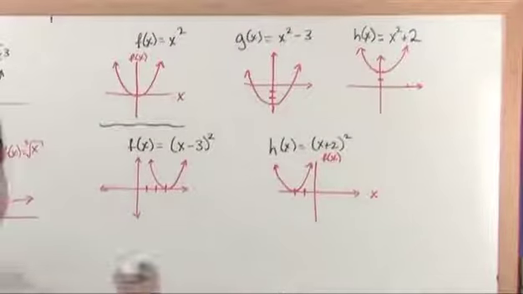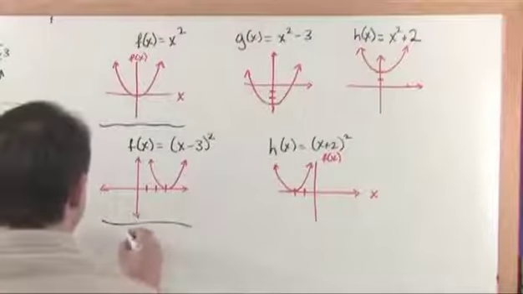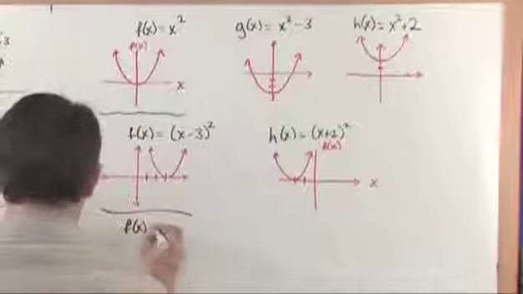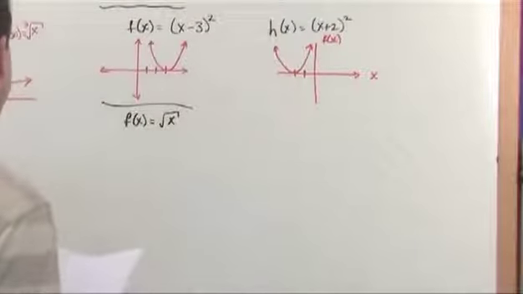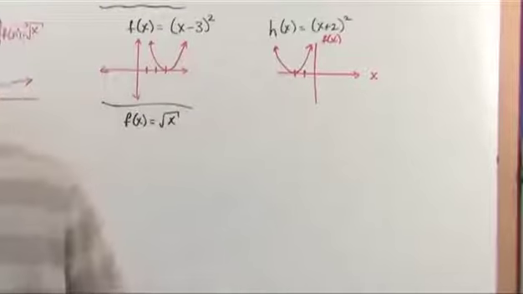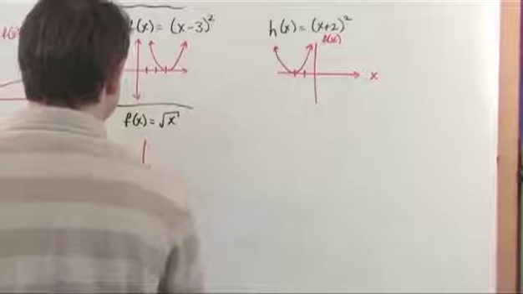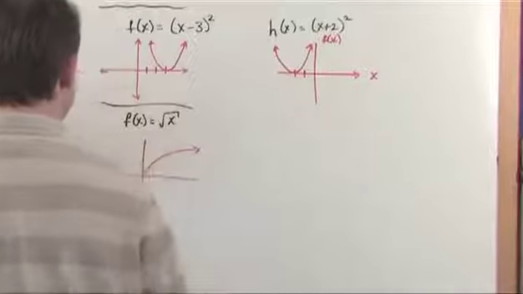Okay? Next problem. Let's graph f of x is equal to the square root of x. Okay? The square root of x. Well, if we're going to graph that, it's going to look like this, and we talked about this at the beginning of the lesson.